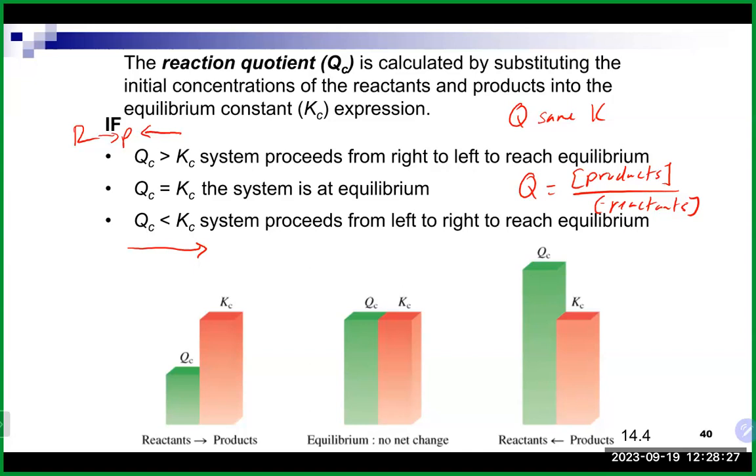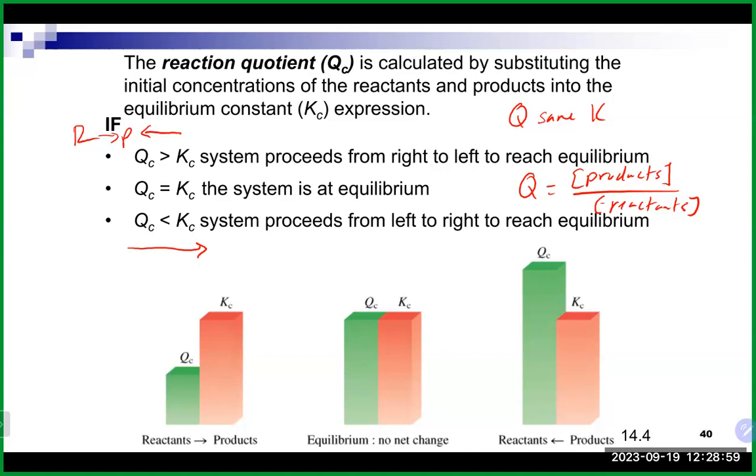Another place that we will see Q is a little bit later on when we talk about solving equilibrium problems. In some of those cases, in addition to solving the equilibrium problem, the first thing you should do is calculate Q so you know which way the reaction is proceeding. So there are two types of situations where you use Q. A lot of times it will just be a straight question like that: is this system at equilibrium, and if not, which way does it need to go to reach equilibrium?